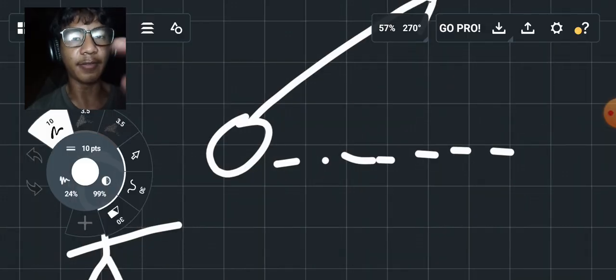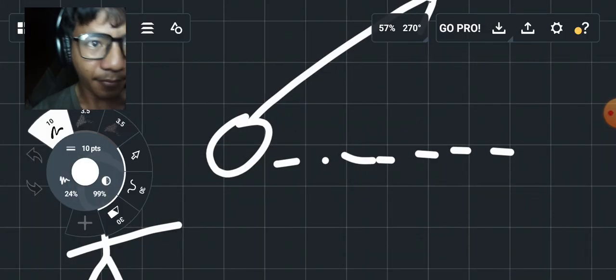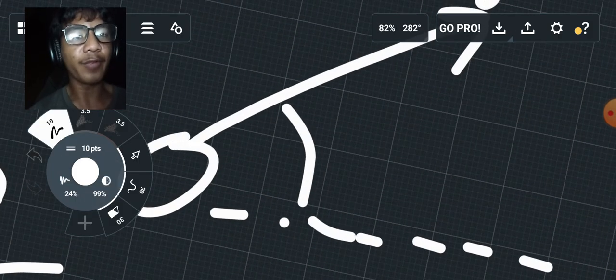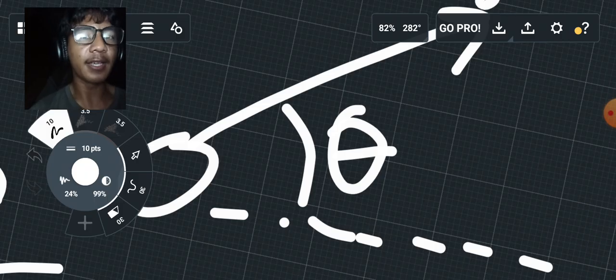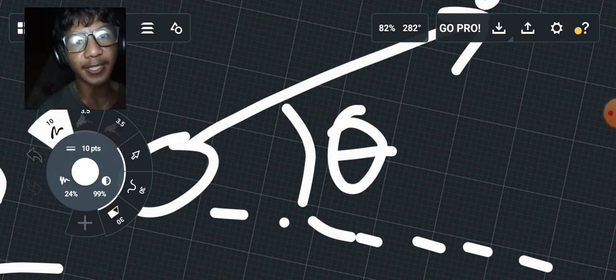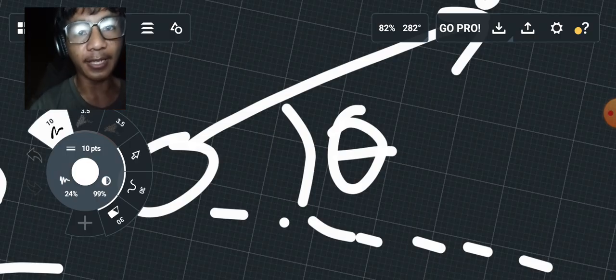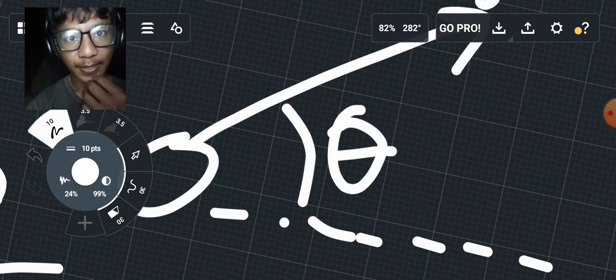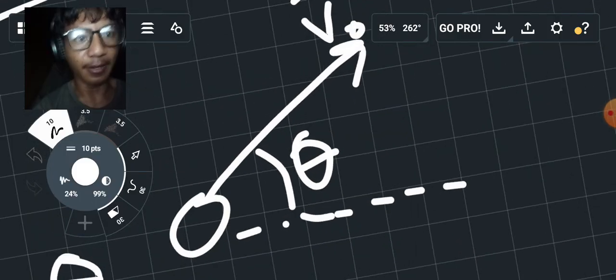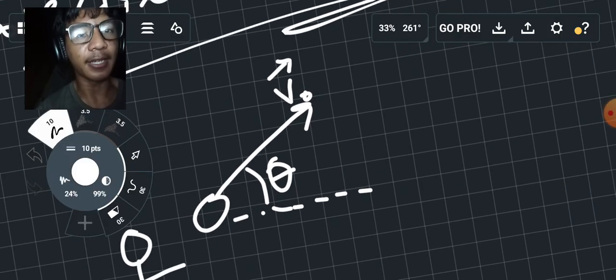We measure that angle, and that is the angle that we need throughout our calculations. Since physics is an applied subject, we shouldn't worry too much with the theory here. So yeah, that's about it.